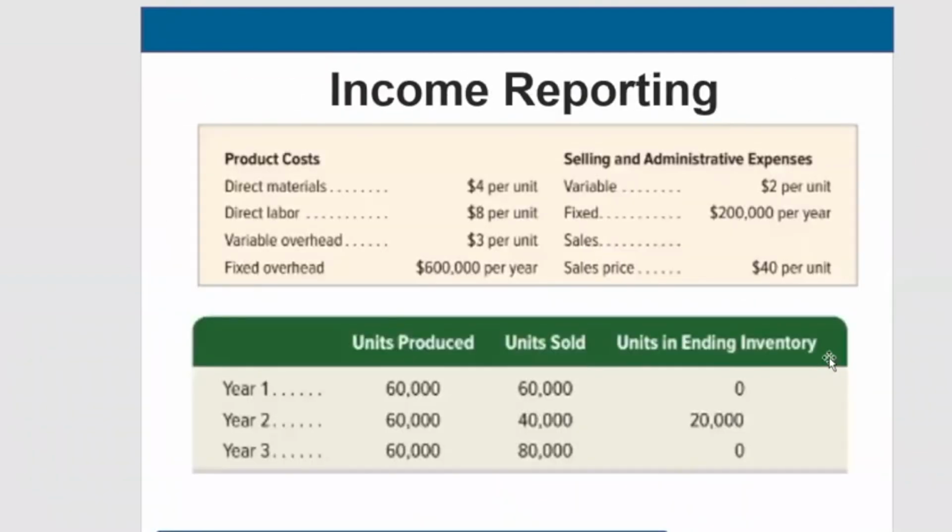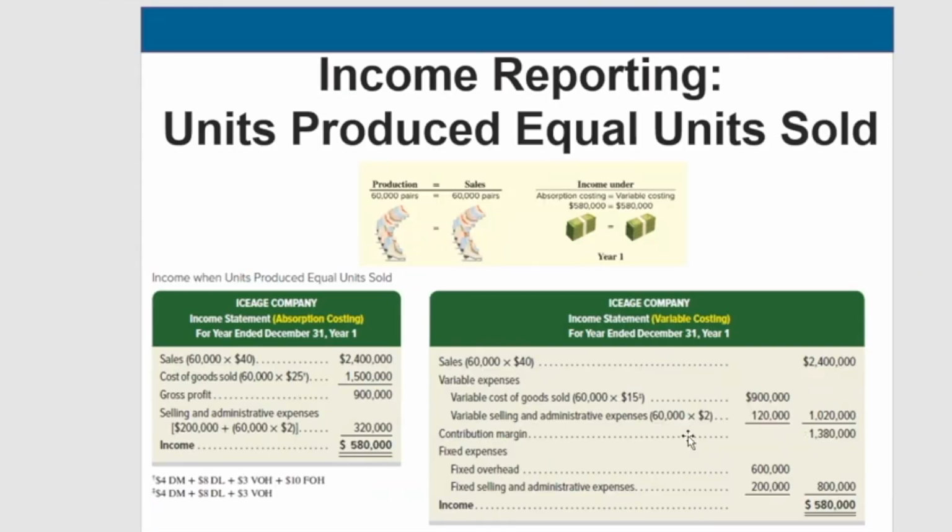And then the variable selling, $2 per unit. Now it costs us $2 per unit that we sell, not produce, but sell. This is probably the salesperson's commission. For every unit they sell, we got to pay them $2. Then we take out the fixed expenses, all of them, the fixed overhead and the fixed selling, to get our net income of 580. Just two different presentations of the same information.